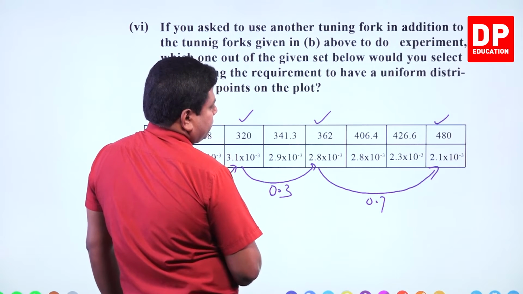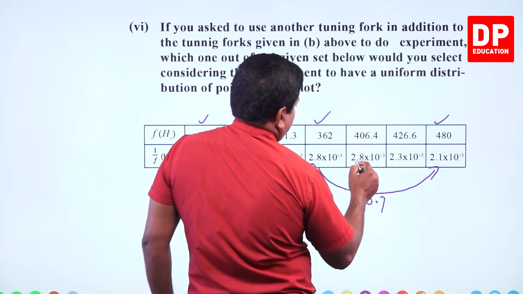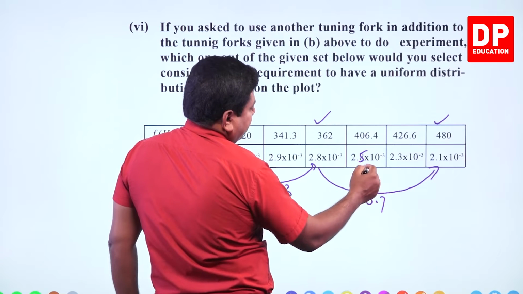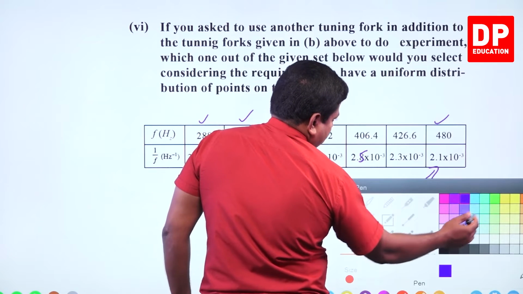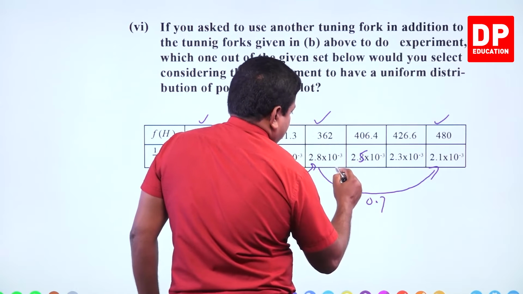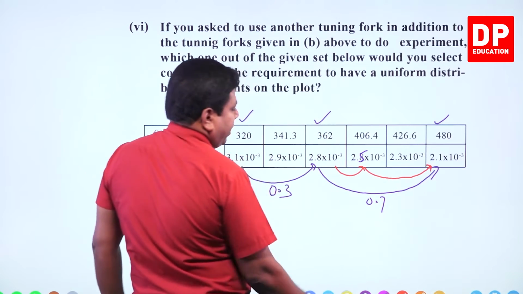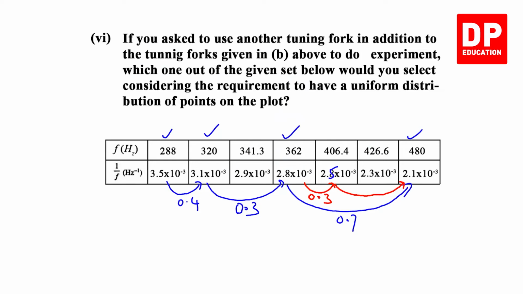Then this must be 2.5. If you look at the difference here, if I take these two, then 2.8 to 2.5 you will have 0.3 difference, 2.5 to 2.1 you will have 0.4 difference, which are similar to the differences we had earlier.